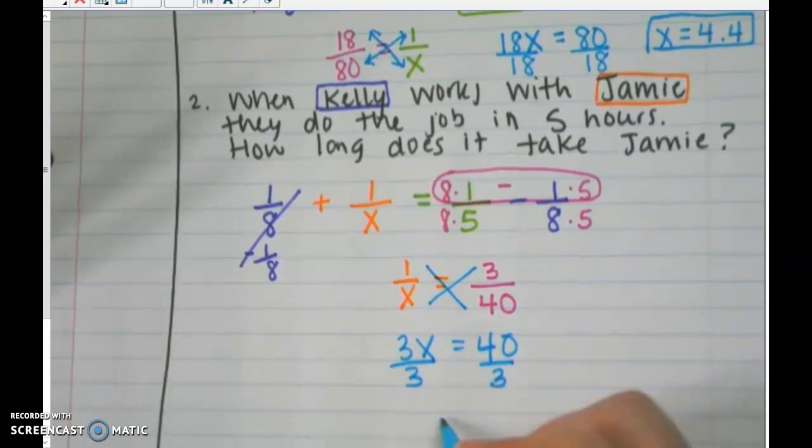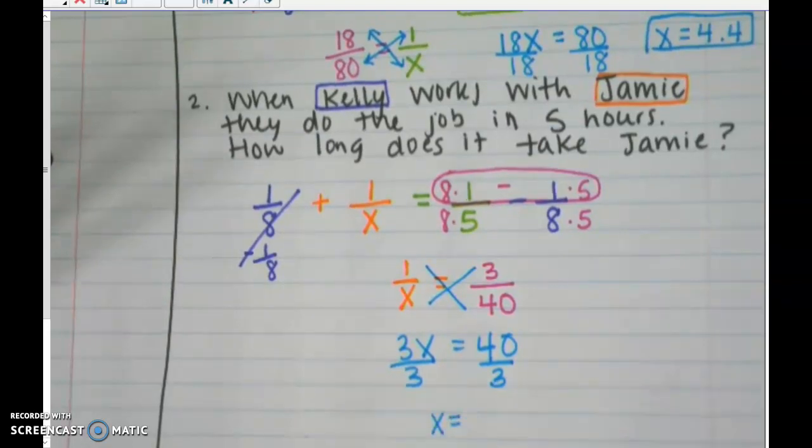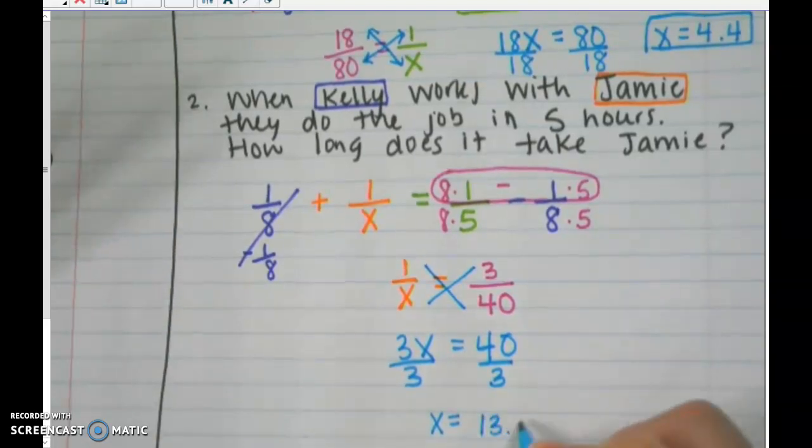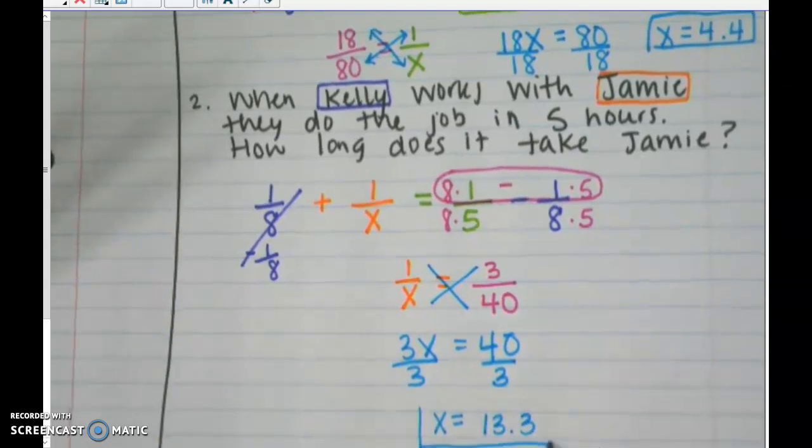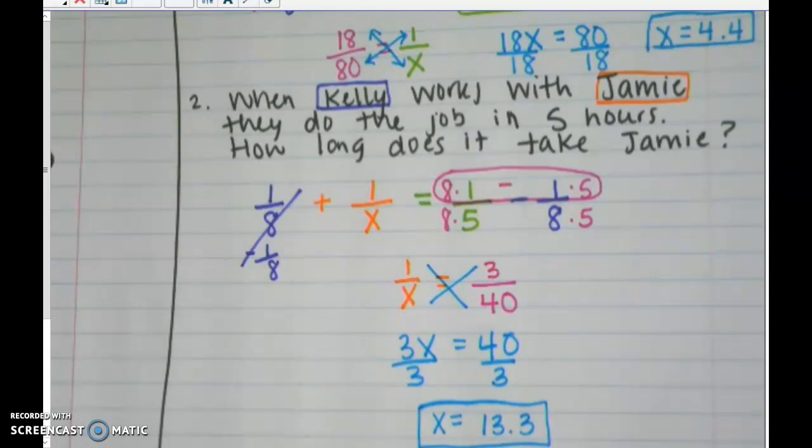So 40 divided by 3 is about 13.3. So that's how long it takes Jamie. All right, so remember the basic setup is the same for pretty much all the problems. They pretty much are going to get set up one of those 2 ways.